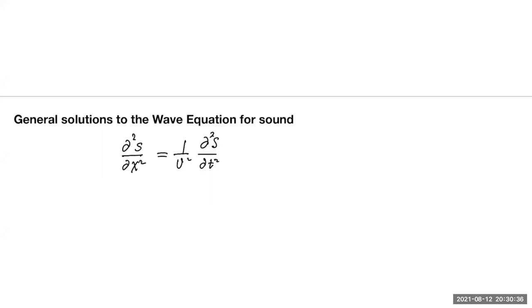It turns out to be any differentiable function f of x plus or minus vt. As long as x and t are related like that, you can plug x plus or minus vt into any differentiable function f. This will constitute a solution.